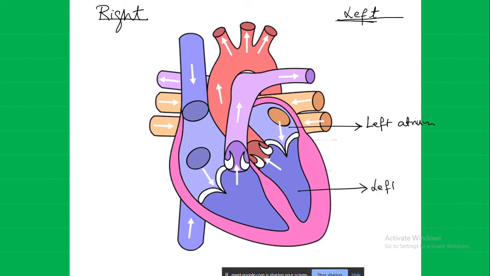Similarly, this chamber here will be the right atrium, and the chamber here will be the right ventricle.